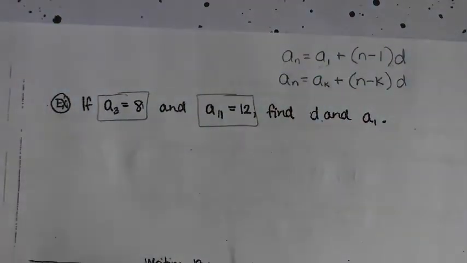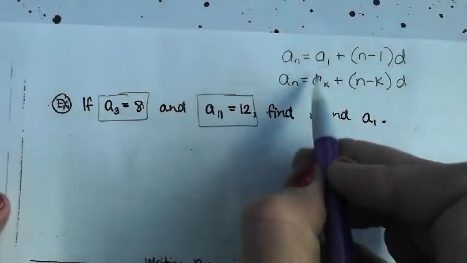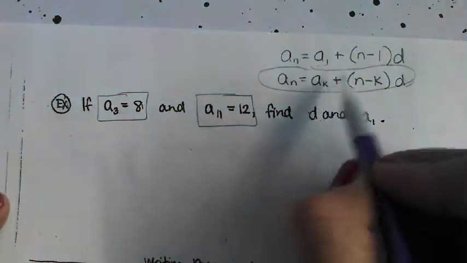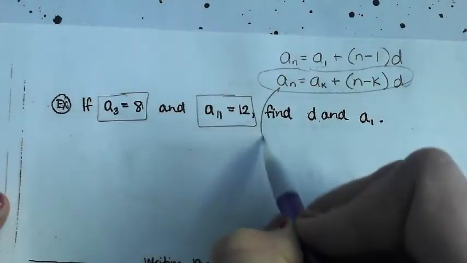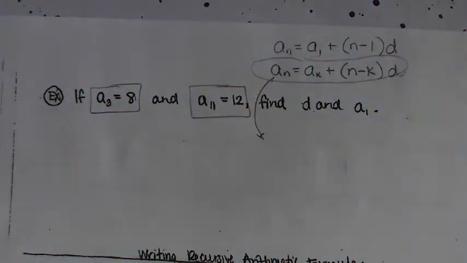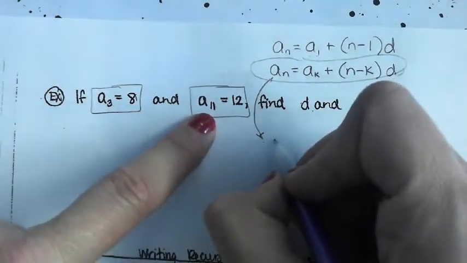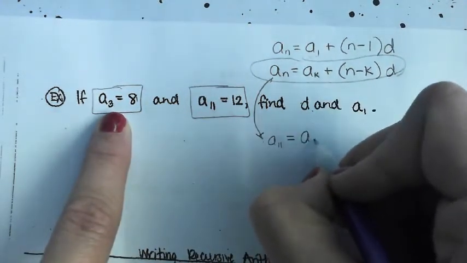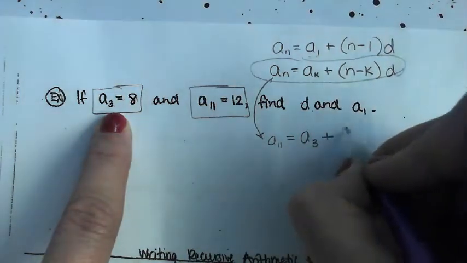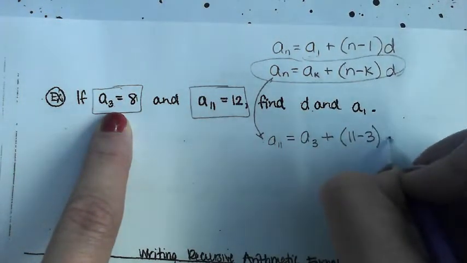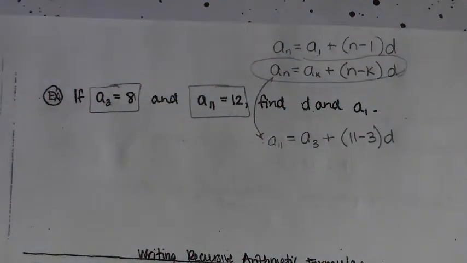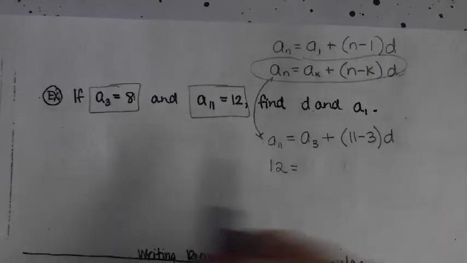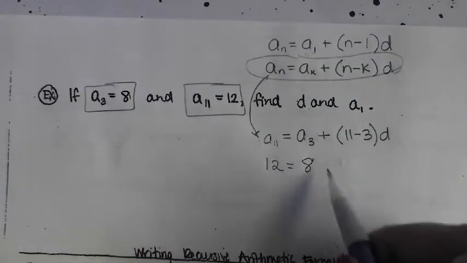So if n is 11, my formula, which is pretty much the same one that you're given, just knowing to change your ones to k's, so it's conducive to all terms, n is 11, so I'll say a sub 11, and k is 3 equals a sub 3 plus 11 minus 3 times d. And then they told me that a sub 11 was 12, and they told me that a sub 3 was 8.